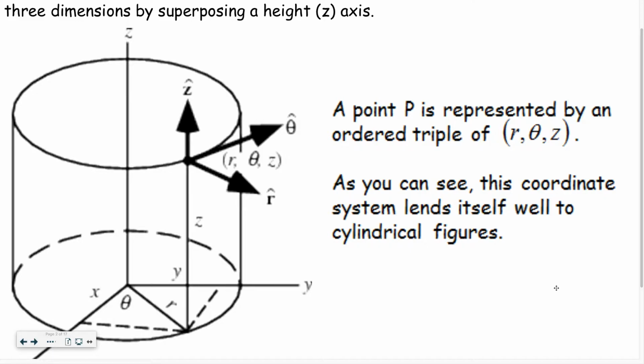Now we're just tacking on literally the same z as we've been talking about the past week and a half. So we move in a cylindrical motion, where we move in the xy plane about the circle of the polar coordinate system, and then we travel up or down vertically along the z-axis.